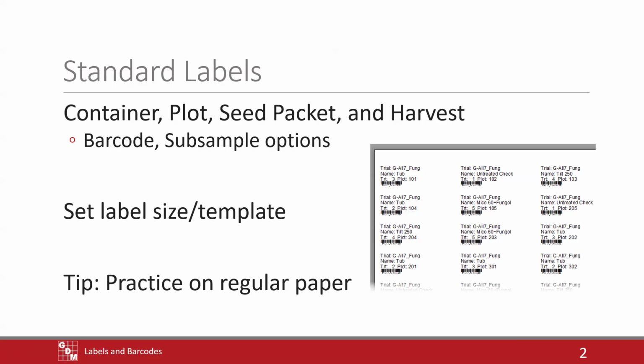And they a lot of times represent different entities. So of course your plot is you'll have a label for every experimental unit in your study, whereas a container is going to be related to your treatment. And of course, within the treatment, you can have multiple components.